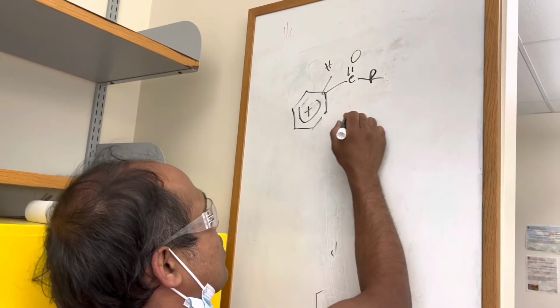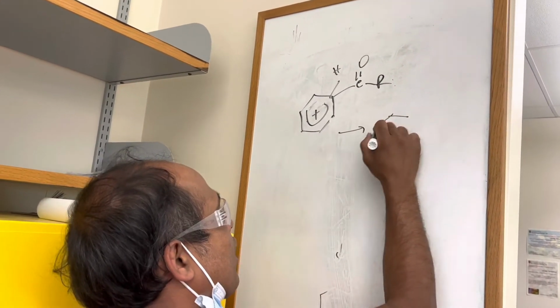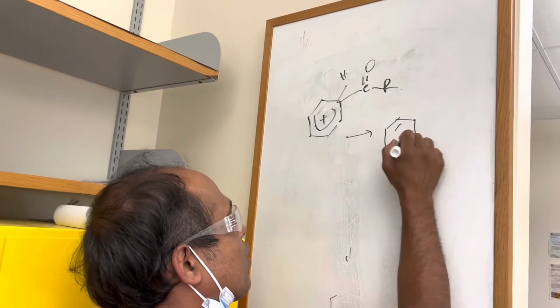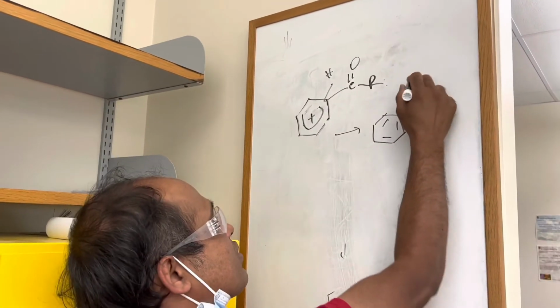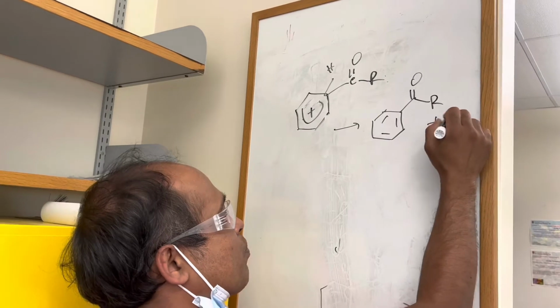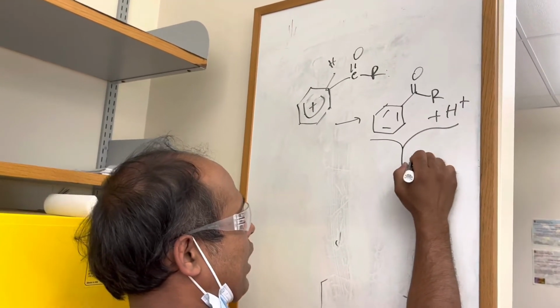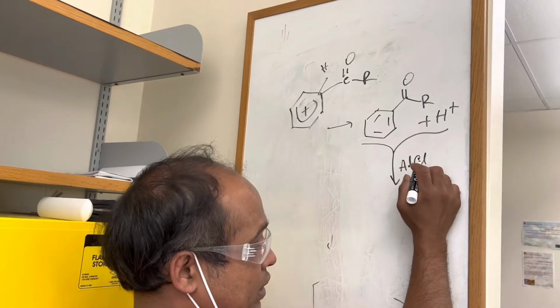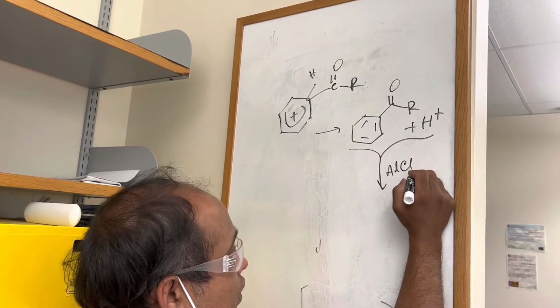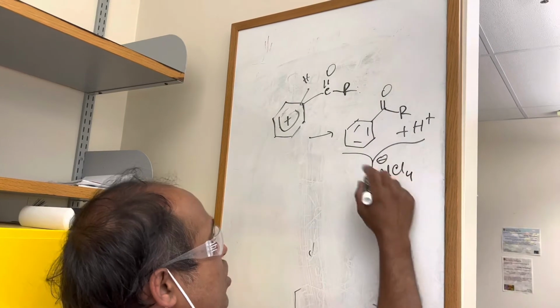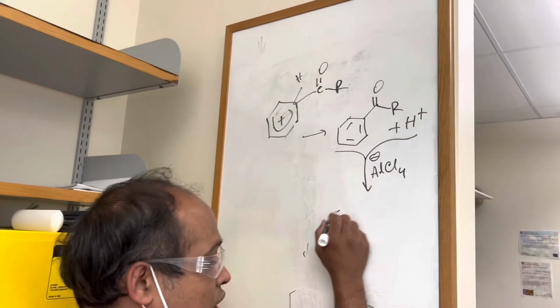We have this structure, so it will go down like this. It will form this R plus H plus, and from these, that aluminum tetrachloride, AlCl4 minus, will take this hydrogen out.